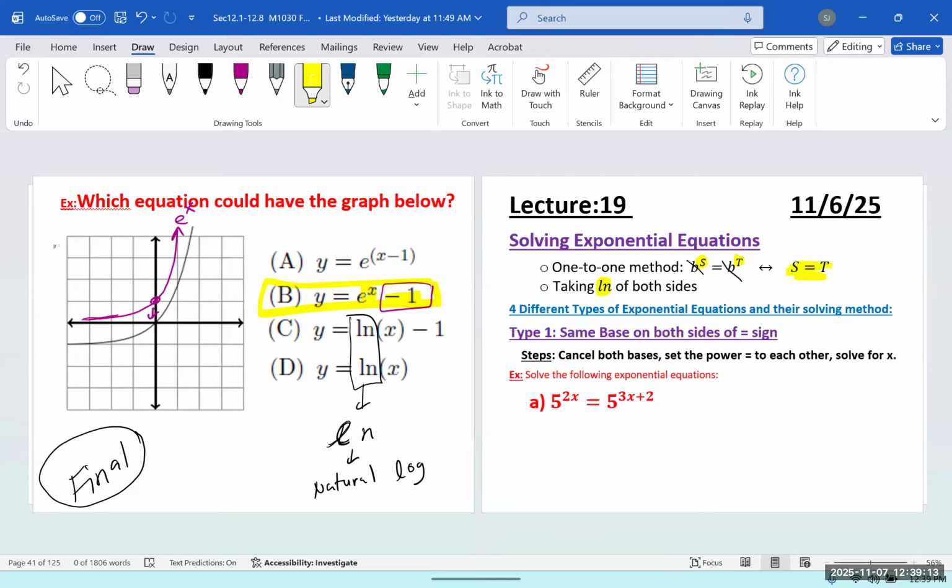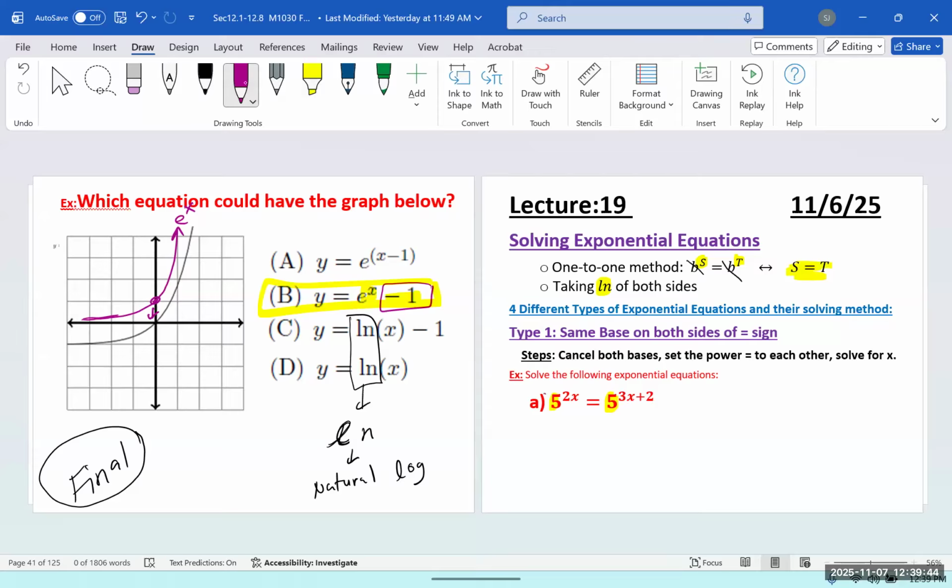Now for each type, I wrote down the type and then how to solve them. So type 1, same base on both sides of the equal sign. For example, this one, 5 to the 2x equals 5 to the 3x plus 2. We have the same base, 5 and 5. So if you have the same base, the steps are cancel both bases, set the powers equal to one another, and then solve for the variable.